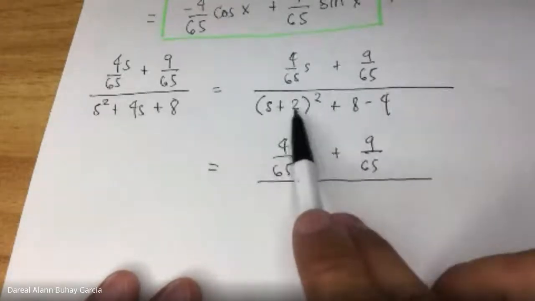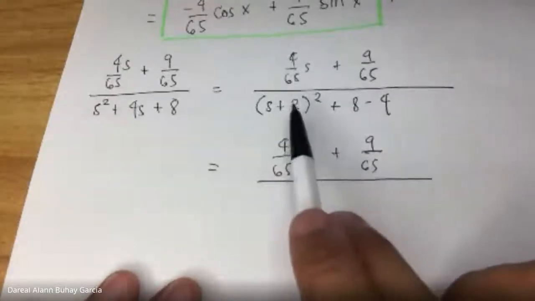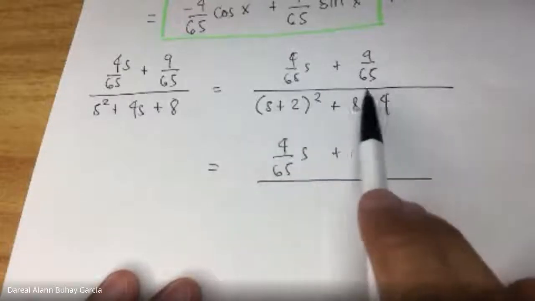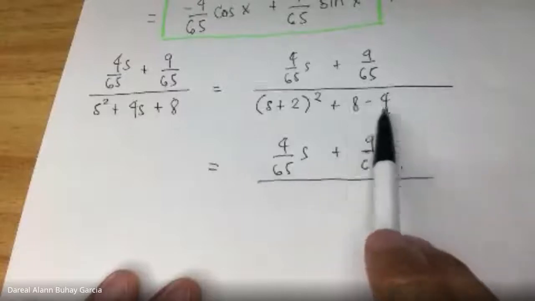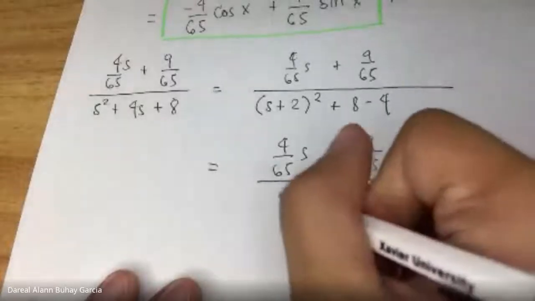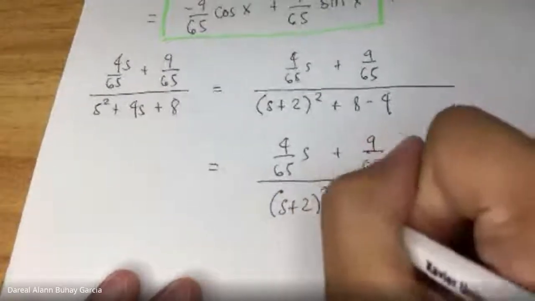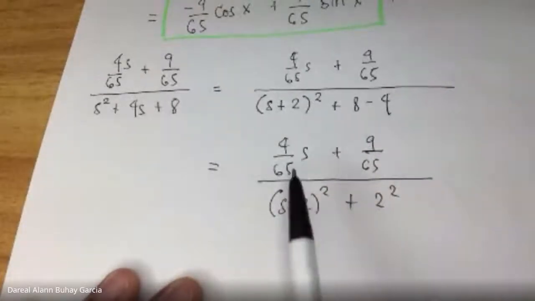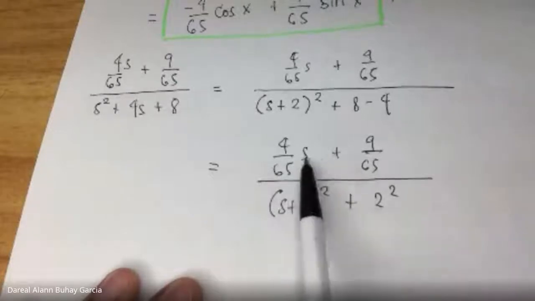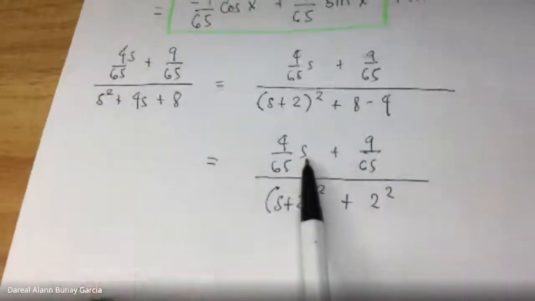The timing is perfect, it's related, because 4 can be squared. So it's S plus 2 squared plus 2 squared. So the numerator should be S plus 2, so S plus 2 minus 2.